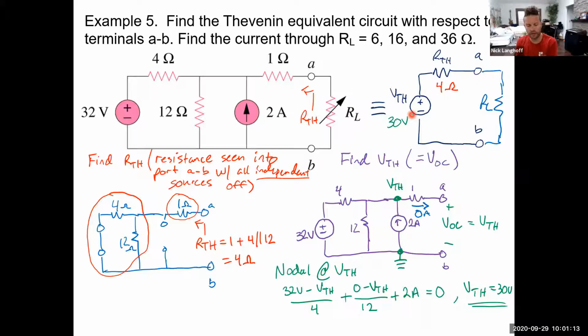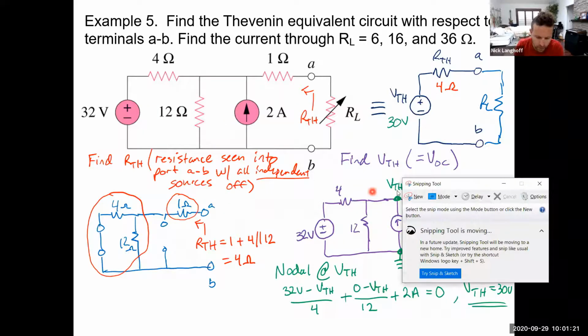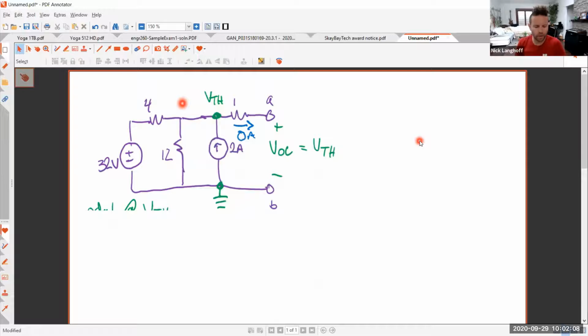Now, could we do that using superposition? Boy, we sure could, couldn't we? What if I just took the snipping tool here and we crop this out? Do you guys see a way for us to find that V Thevenin using superposition? I see it, and we don't even have to redraw the circuit.